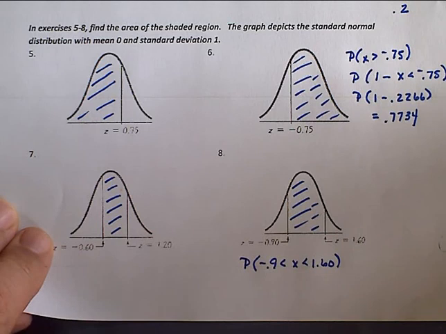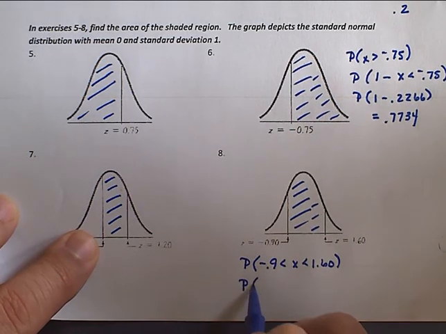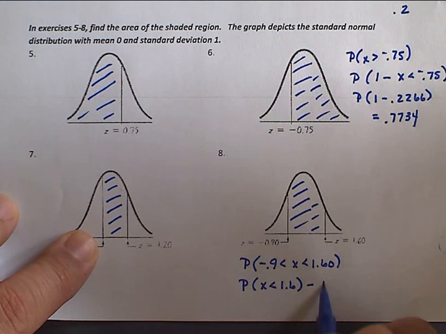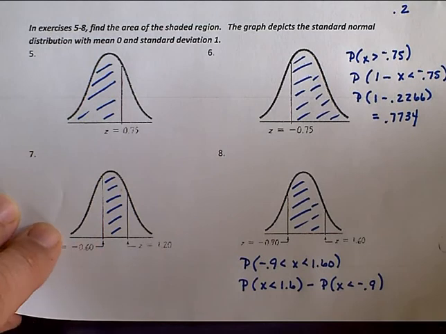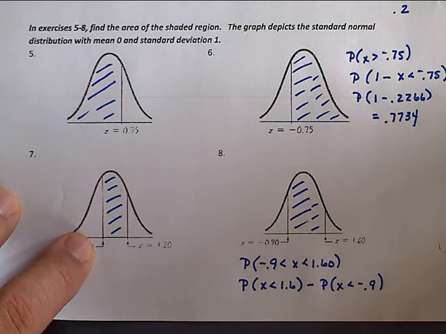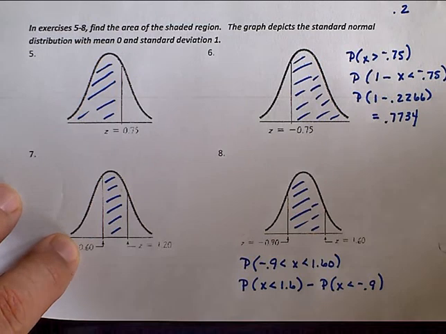That equals the probability that x is less than 1.6 minus the probability that x is less than negative 0.9. You're going to subtract the two probabilities, the right side minus the left side, and that will give you a positive value representing the area under the curve. So I'm going to look those up.